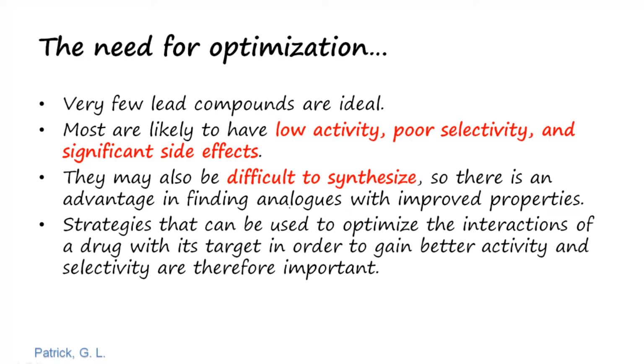One of the major problems that we face during drug target optimization is poor selectivity, and this can also lead to significant side effects. The lead compound may also be difficult to synthesize, and so there is an advantage in finding analogues with improved properties. We have seen thus far a number of strategies that one can employ to optimize the interactions of a drug with its target and to impart some level of selectivity.